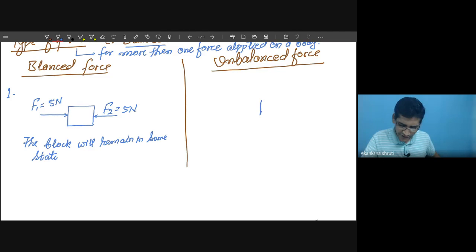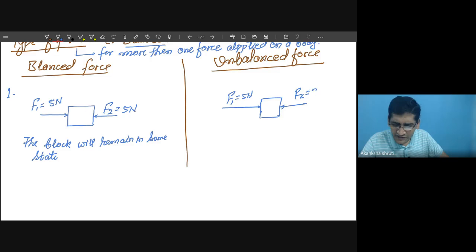But if you are taking the same block, one of your friends is moving it from left to right with a force of 5 Newton. But your other friend is pushing it with a force of only 3 Newton. Means one friend is applying more force, while the other is applying lesser force in the opposite direction. Ultimately, the more force is able to push this block in the direction of the higher force.